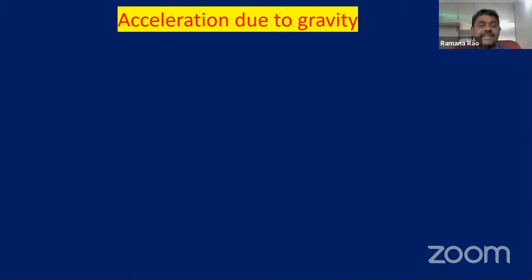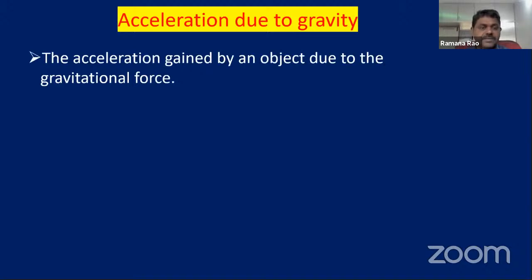Now we'll see what acceleration due to gravity is. Very important topic. It is the acceleration gained by an object due to the gravitational force. How is acceleration gained? Earth is going to pull the object. When it is pulling the object in the direction of the force, the velocity increases. Velocity increases means it is going to speed up.